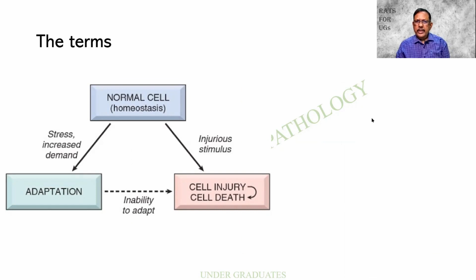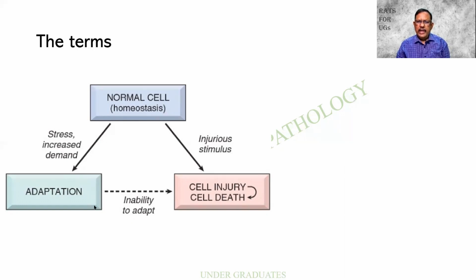Again, we shall concentrate on the terms. I mentioned the normal cell, the homeostasis it is in. So it is subject to change, and it will come back to normal. But when the stress is going to be increased, or when there is going to be an increased demand from the cell, for example, it needs more oxygen, then it has to adapt.